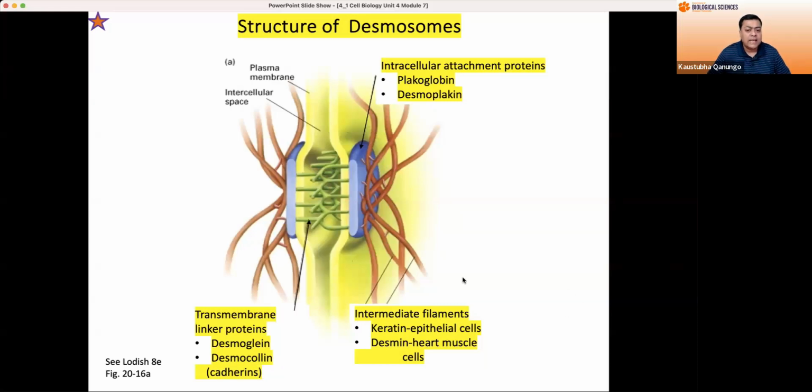All these cells are dead, but they are all kept together due to these desmosomes and the hemidesmosomes. And they can be extremely strong, and the entire cell is filled up with the keratin, which is an abrasion-resistant protein.